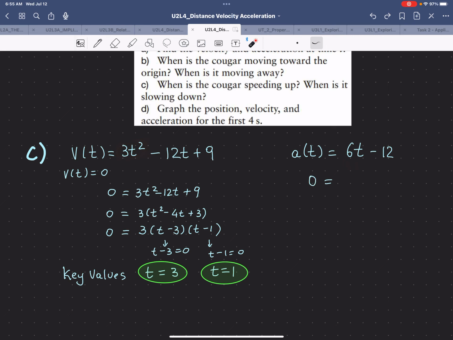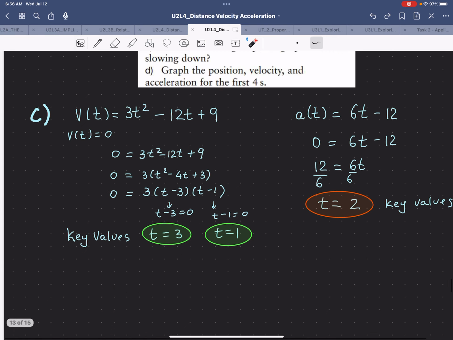So we'll set acceleration to 0 in order to find its key values. And it turns out that there is only one key value for acceleration, and this is at t equals 2. So at time equals 2, acceleration will be 0.